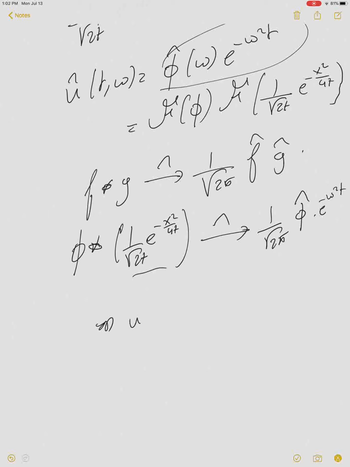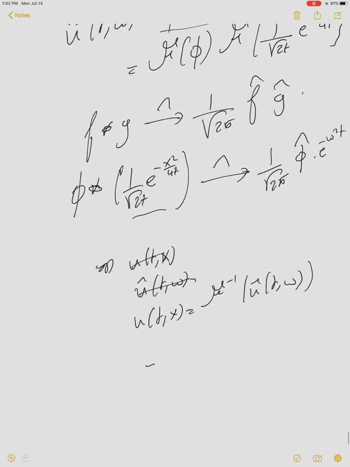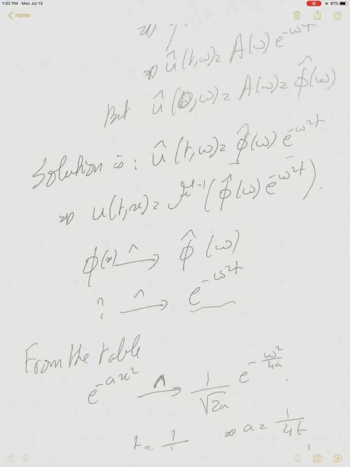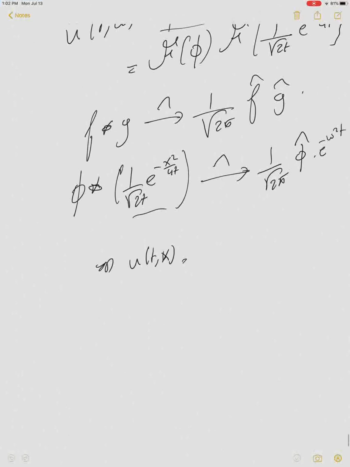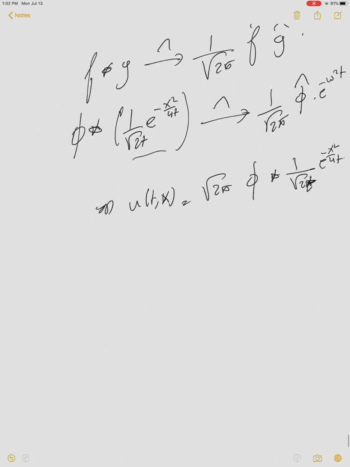So you get u of t, x. I mean, you have u hat of t, omega is this. So u of t, x, which is the Fourier inverse of u hat of t, omega, is equal to square root of 2 pi times phi convolved with 1 over square root of 2t e to the minus x squared over 4t.